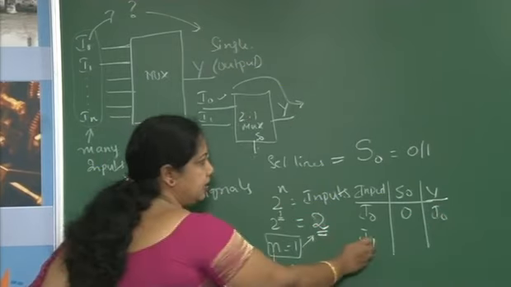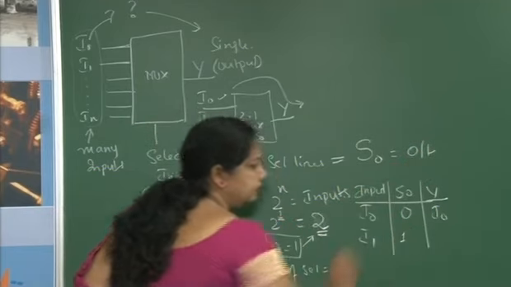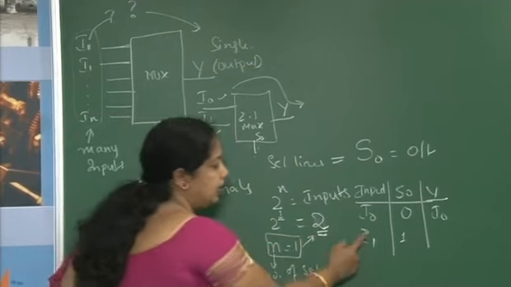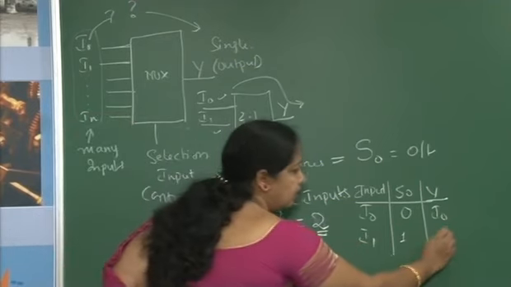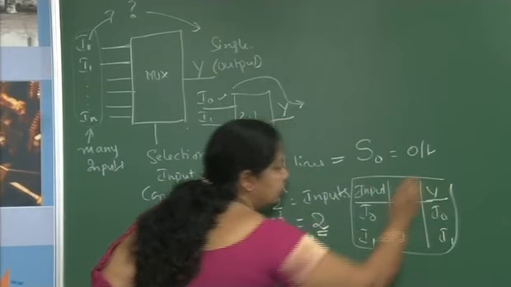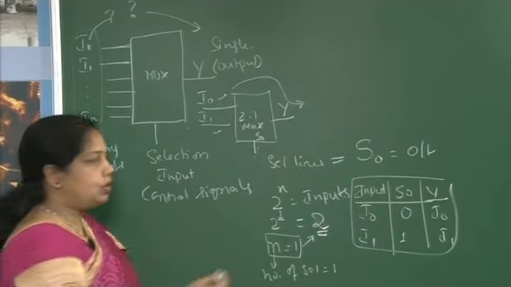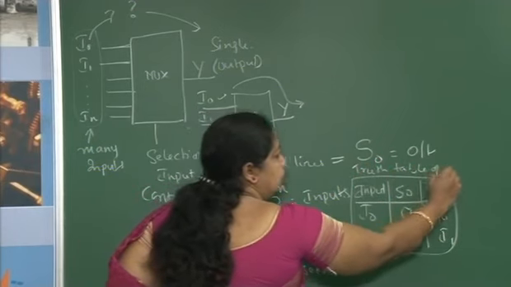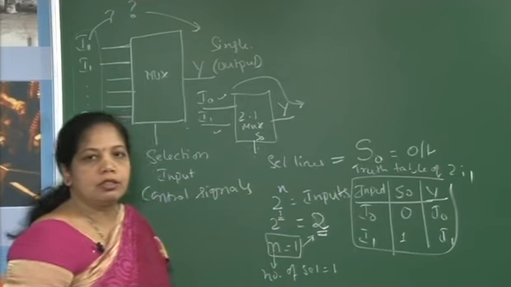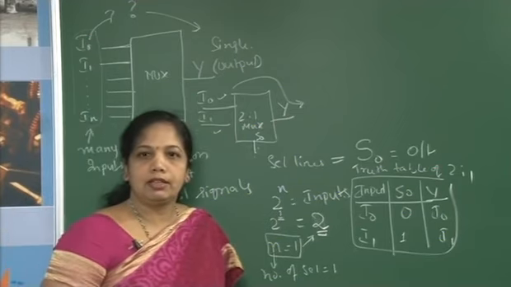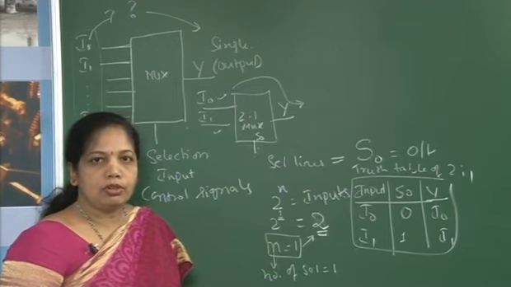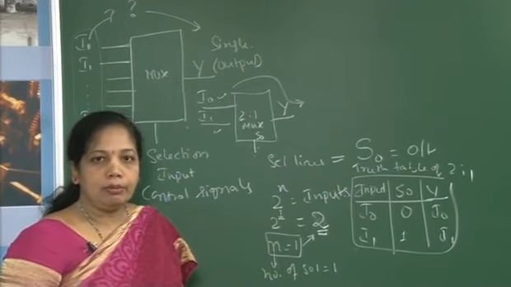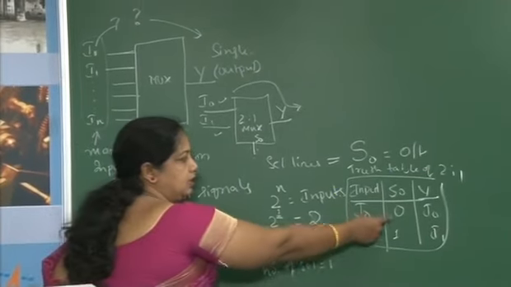If my selection line is 1, then the input I1 will be selected at the output side. This is the truth table of the 2:1 multiplexer. So finally, the 2:1 multiplexer has 2 inputs, 1 output and 1 selection line. How to select the input? It is based on the selection line.